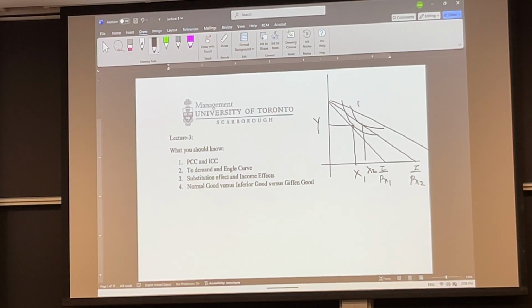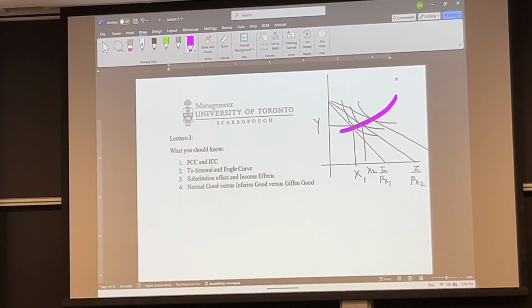You find another one. You connect all these optimal bundles, we call it the price consumption curve. So the price consumption curve becomes the locus of all optimal points when you only change the price of X. You don't change anything else. You don't change the income, you don't change the price of Y, just the price of X.